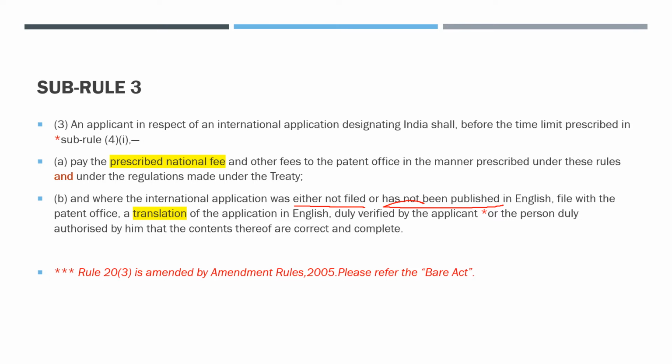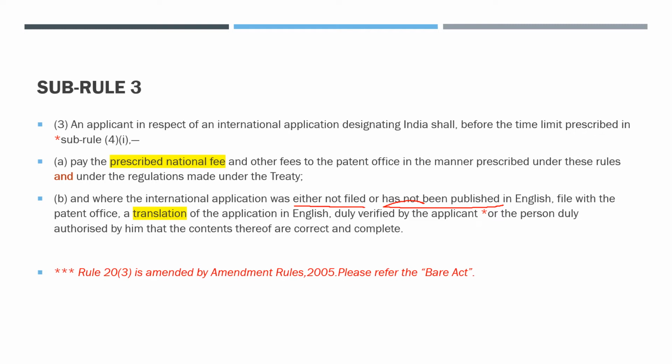Okay, then a translation of the application can be filed and it should be duly verified by the applicant who has applied or the person authorized by him. That means if the applicant authorized a person to do the application procedure, then he is also eligible.